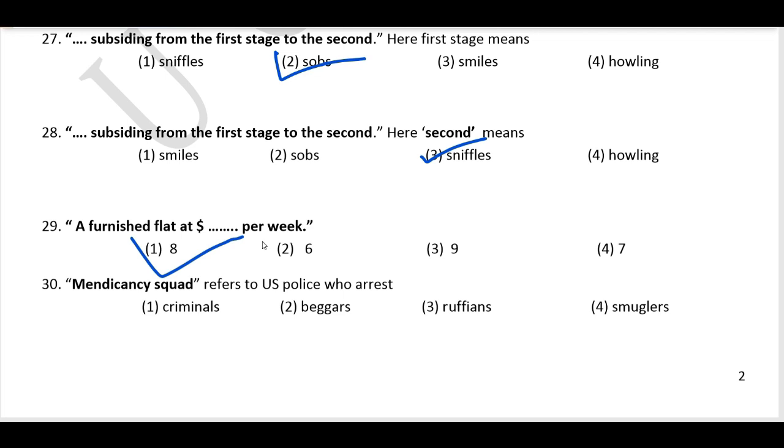Mendicancy squad refers to US police who arrest criminals, beggars, ruffians, smugglers. Actually, you know that USA or United States of America is very developed country and there are no beggars, but a few persons who are too lazy and they beg.